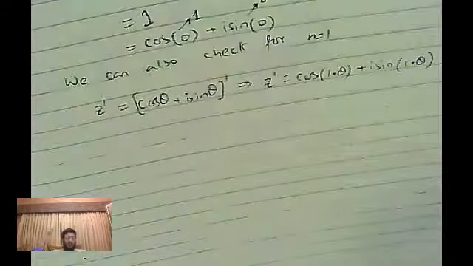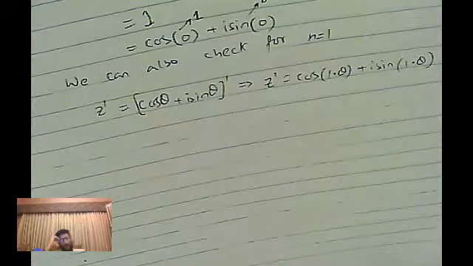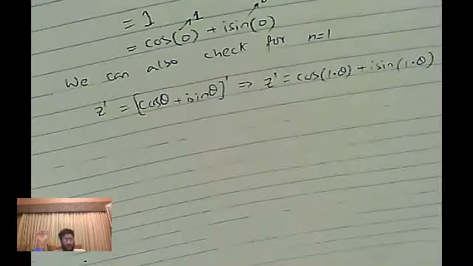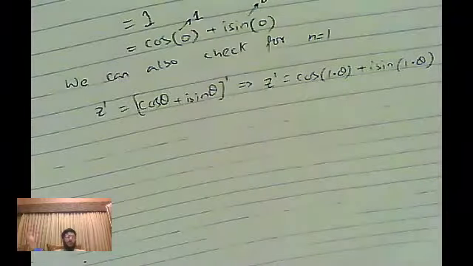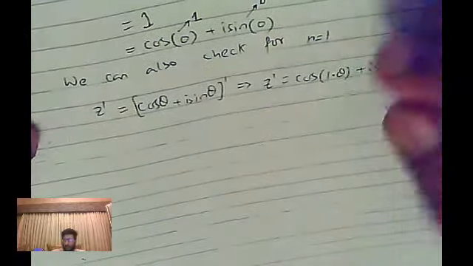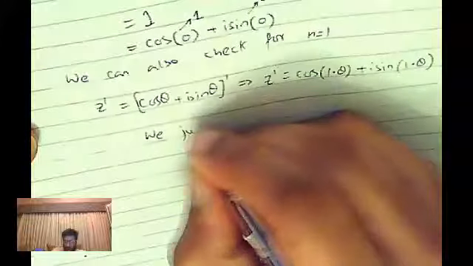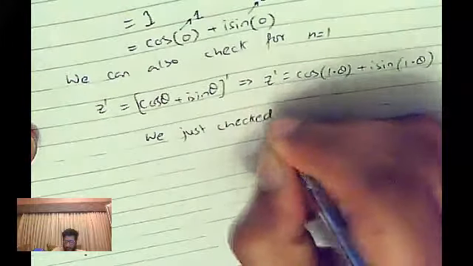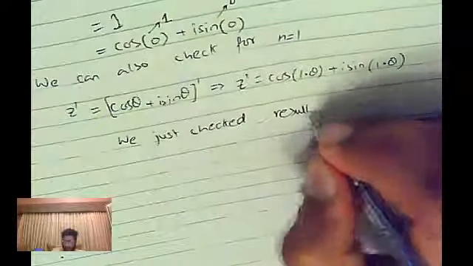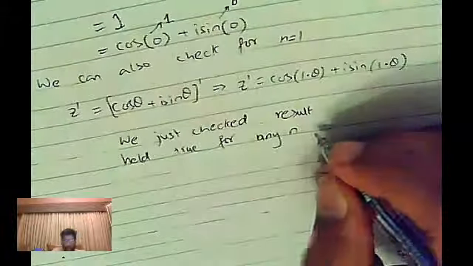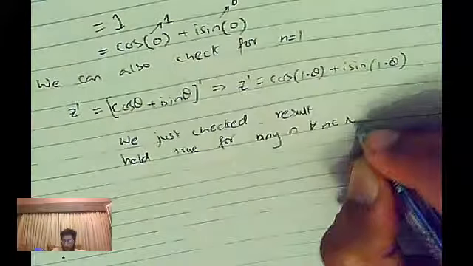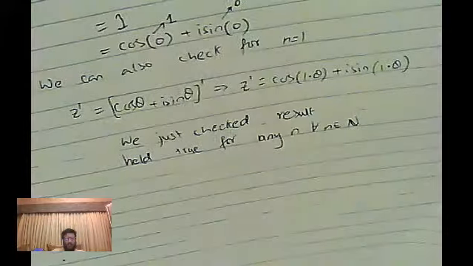So the second step of mathematical induction is, now that we have checked for some natural numbers, we are going to suppose that the result will hold true for n equals k. We just checked that the result held true for all n belonging to the set of natural numbers, right?